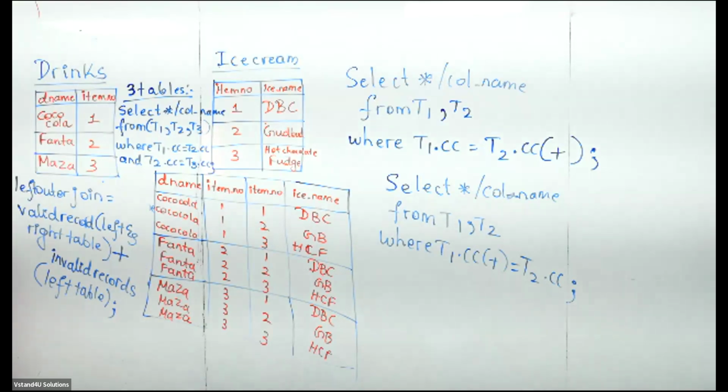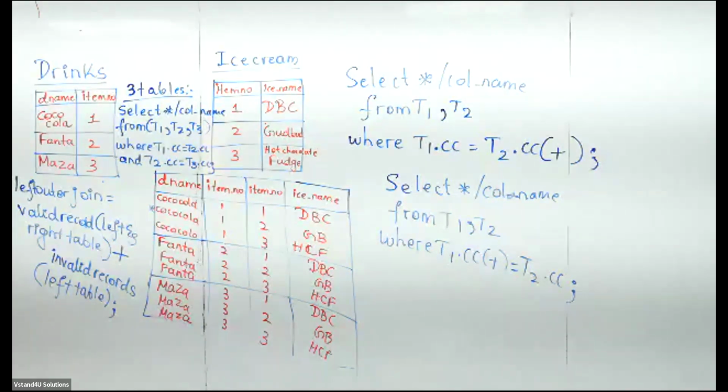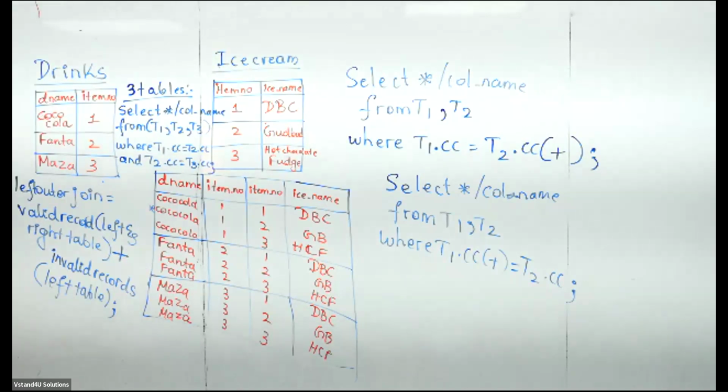Clear? Now how will you write the syntax for this? Select star from T1, T2 where T1.CC is equal to T2.CC. Same as your inner join. Yes or no?